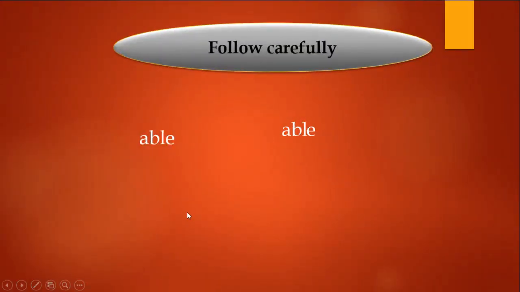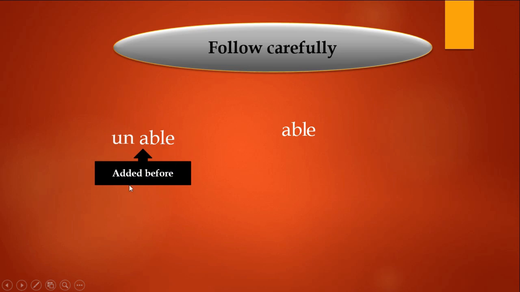Now follow carefully. Here we have seen that able is the root word and this un is added with that root word, and this un sits before the root word. That's why we can say it's added before the root word. That's why it is a prefix.